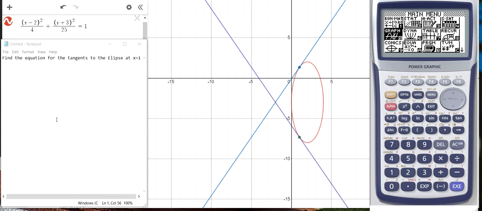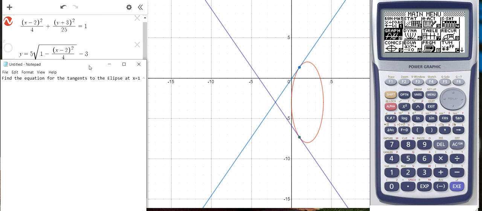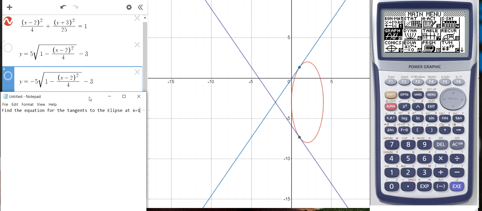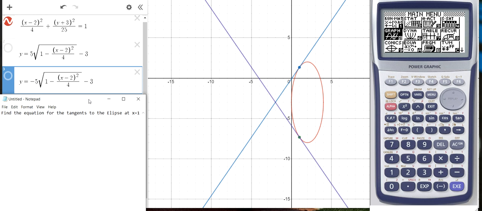Now, for us to be able to work this on our graphics calculator, instead of going into the conics mode, we need to go into the graphics mode. But before we do that, we have to rearrange the equation as y as a function of x.